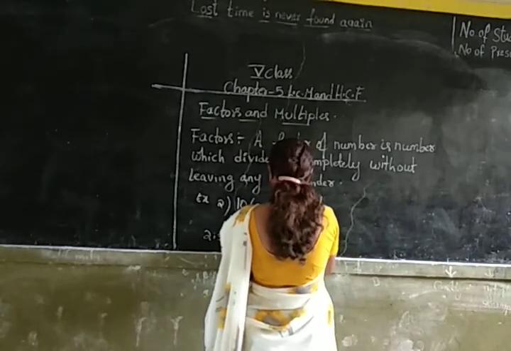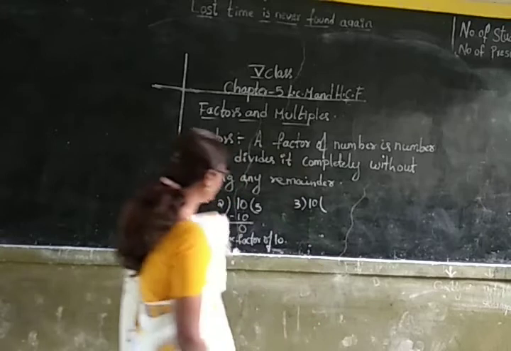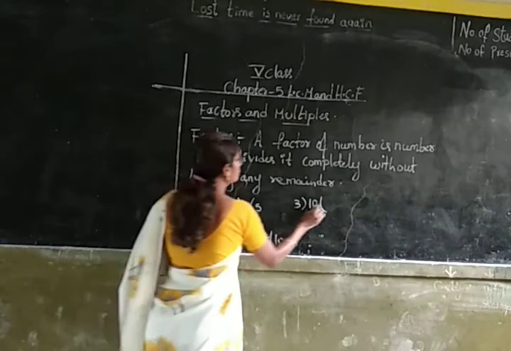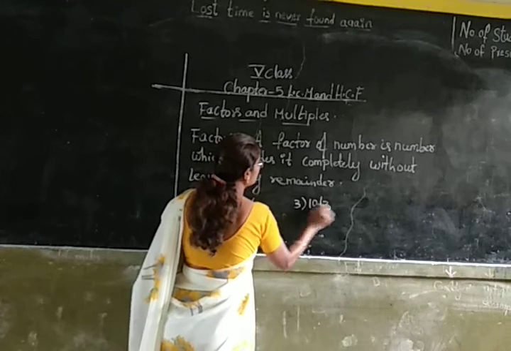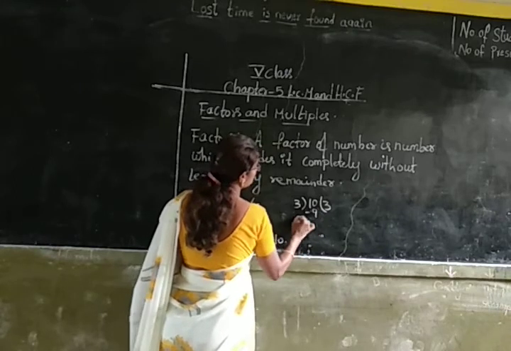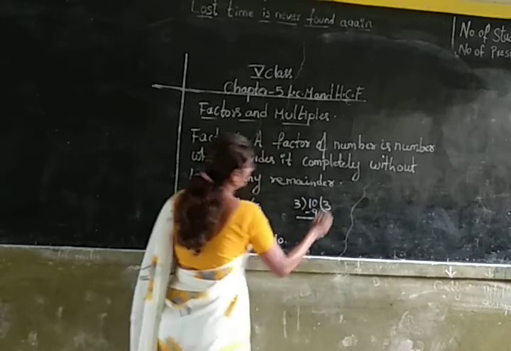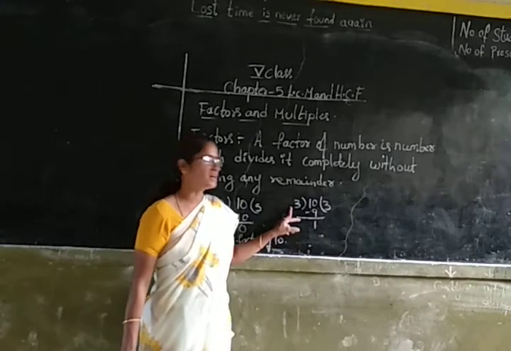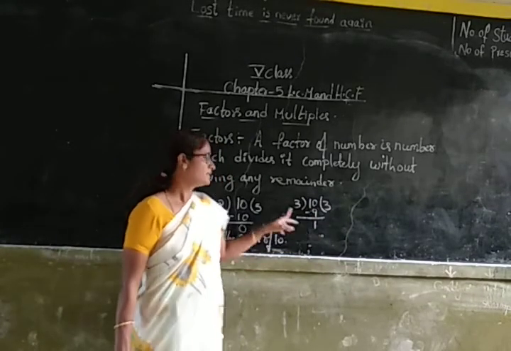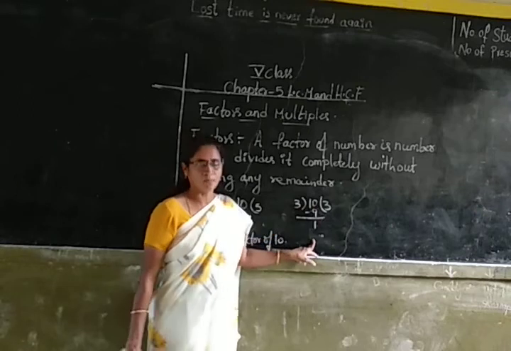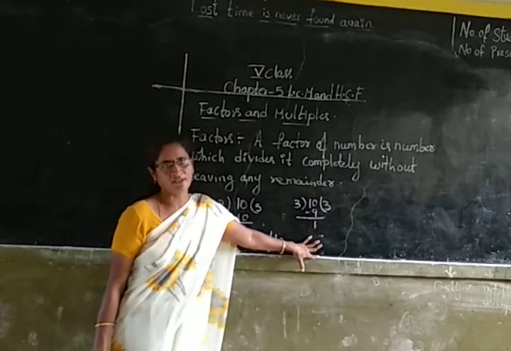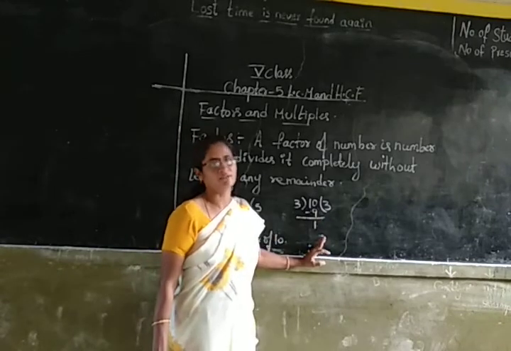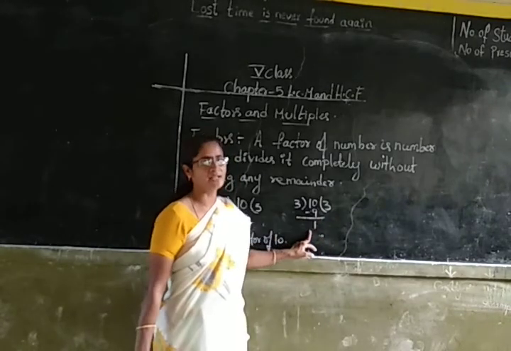Now let us divide 10 with 3. How many times 3 goes in 10? 3 goes 3 times in 10. 3 3s are how much? 3 3s are 9. 10 minus 9 is 1. Here the remainder is 1. So 3 did not divide 10 completely because here we got a remainder 1.